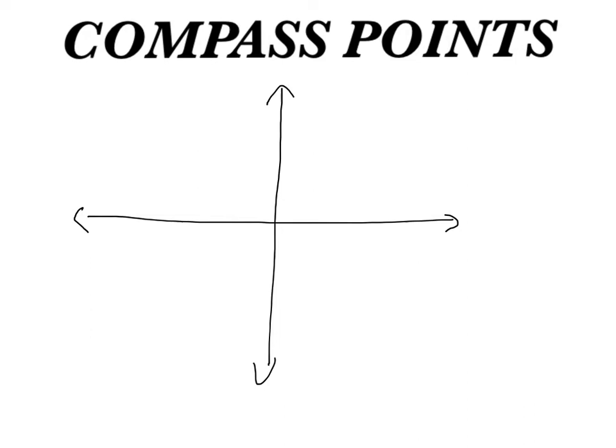Absolutely correct. If you're pointing this way, that is north. And we know that north starts with an N, so we'll just put the N instead of writing the whole word north. What about the next one? Now remember when we were doing geography last term, there was an acronym that we could use. We could say, never eat soggy Weet-Bix. And that helped us with marking out our compass points. What's the next arrow that we need to fill in?